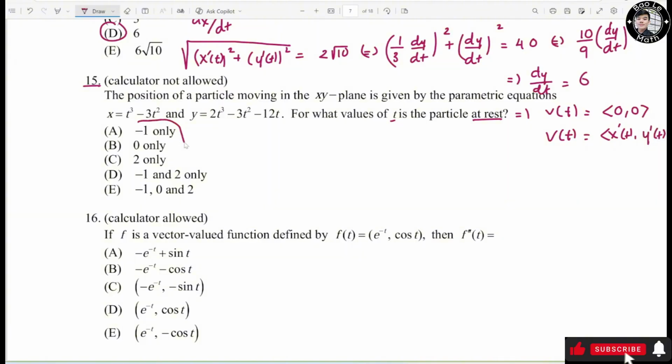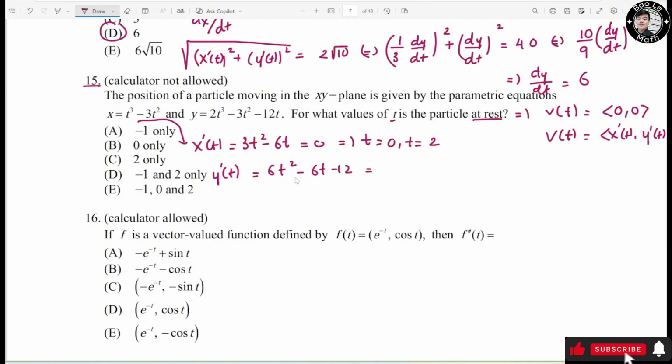So when I take the derivative of this one, s prime of t equals 3t squared minus 6t, right? Let this one equal 0, so then you have t equals 0 and t equals 2. Now y prime of t is 6t squared minus 6t minus 12, right?